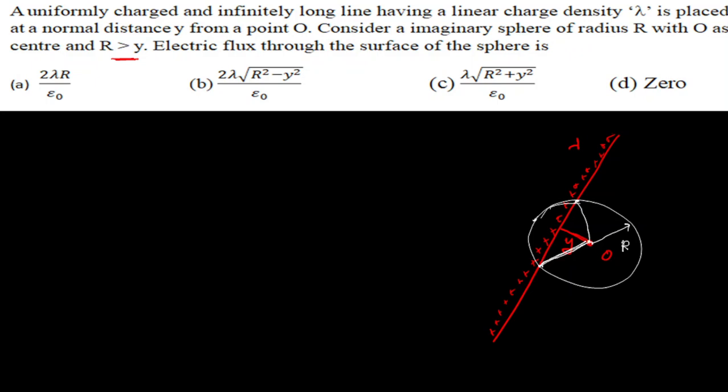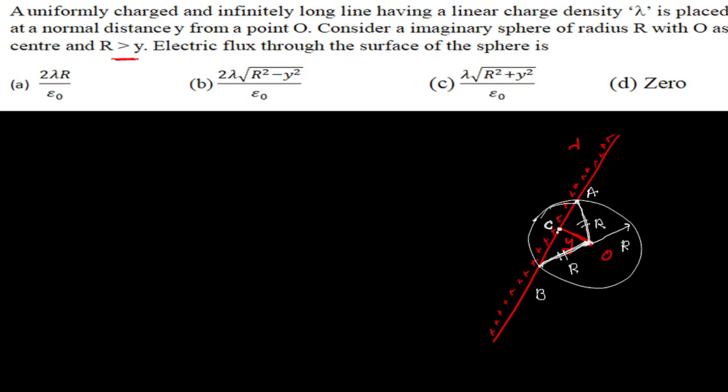The center is O, and these points, let's say, are A, B and C. Now what will be the length of OA? It will be the radius of the sphere, so it will be R. And the length of OB will also be R.